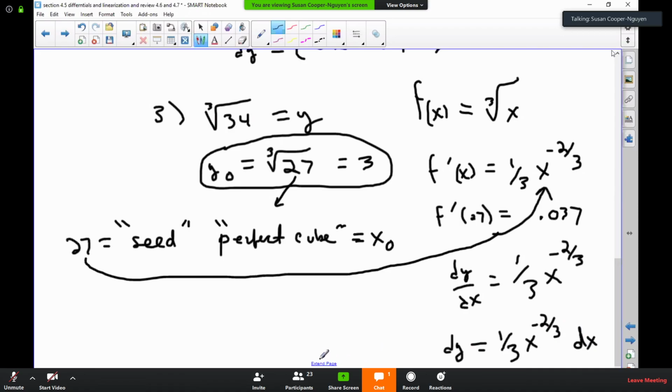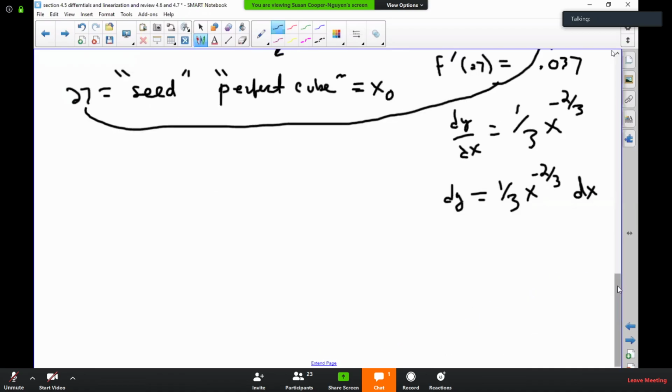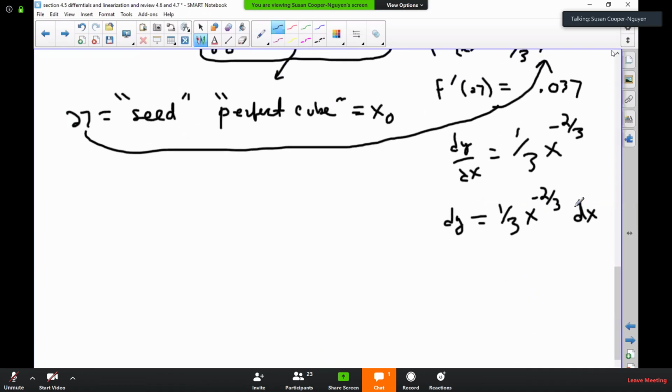So now my question is, if we use that initial seed or that initial guess of a perfect cube, which was 27, because back then they had to pick the nearest perfect cube to the number that they were interested in. So 1/3 27 to the negative 2/3. My question is, dx means delta x, means difference in x. So I'm going to write this in words.